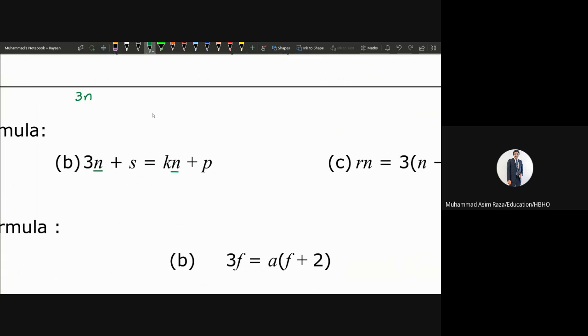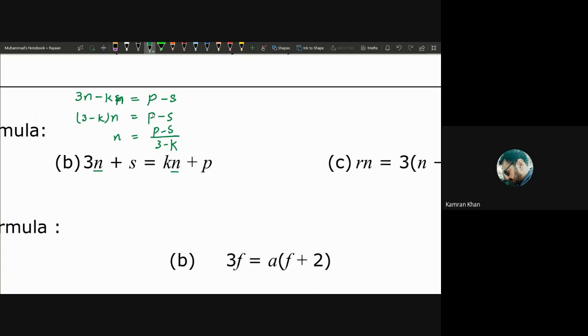Whichever terms have n, write them on one side, and whatever does not have n, just take it onto the other side. So it is p minus s, right? Yes, sir. Sorry, this is kn. And now you just take n as common so that you can have 3 minus k is equal to p minus s, and n will be equal to p minus s over 3 minus k.